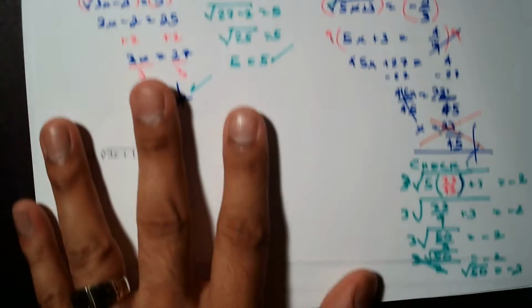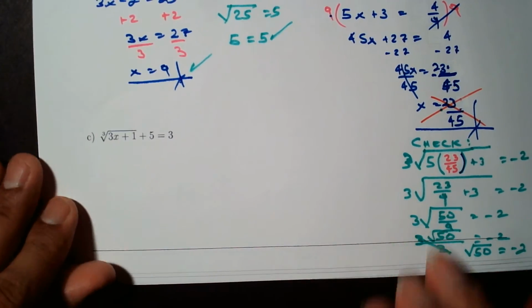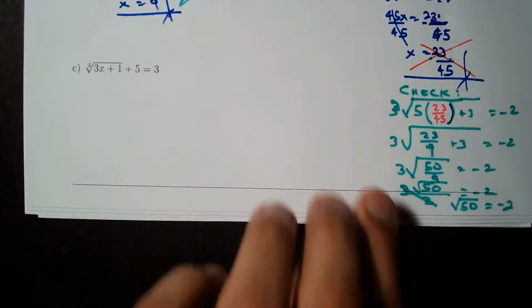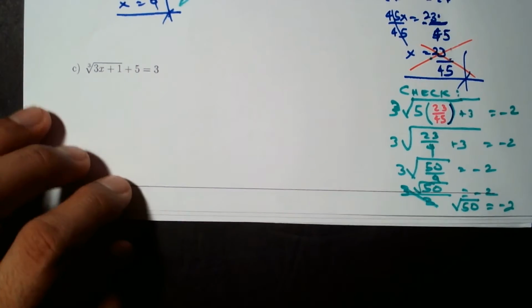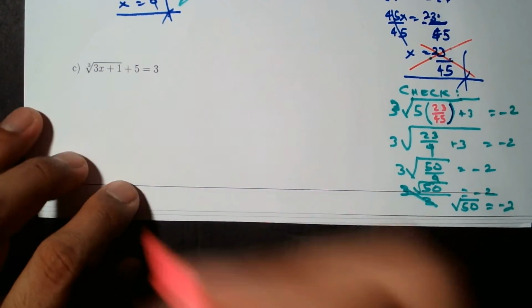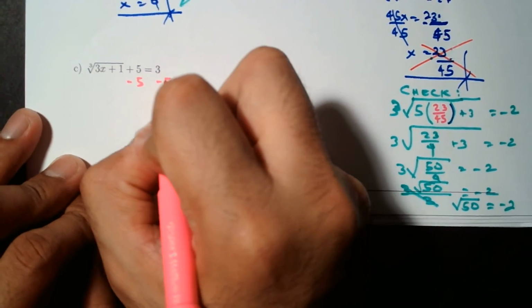All right, let's look at another example, in this case one with a cube root. How are we going to work with an equation like that? Well, in a very similar way, we want to isolate the radical. So first subtract 5 from both sides.